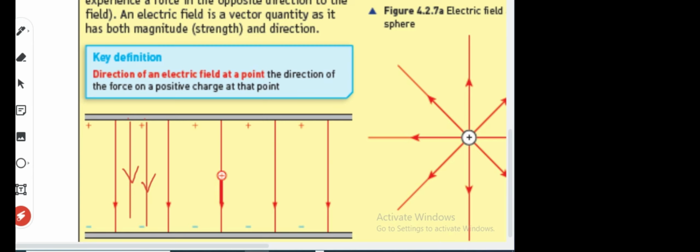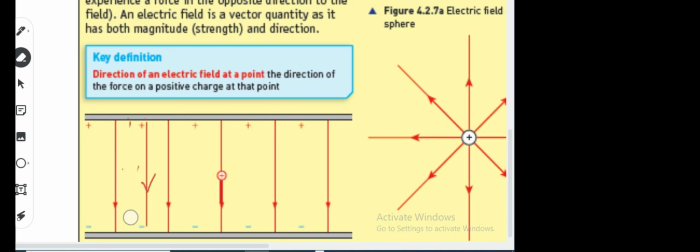For a uniform field, the spacing should be reasonably equally spaced. Remember I said no need for measurement, just a reasonable drawing will be accepted. If the lines are closer, it means the field is stronger at that point.